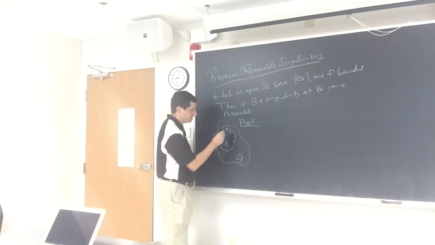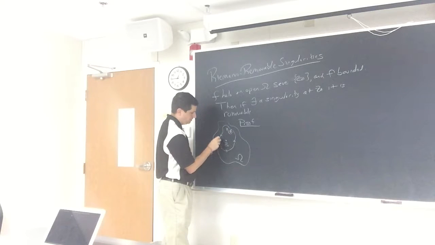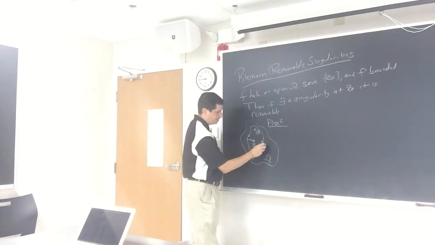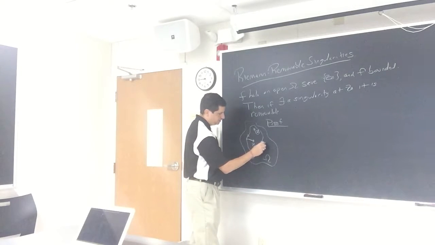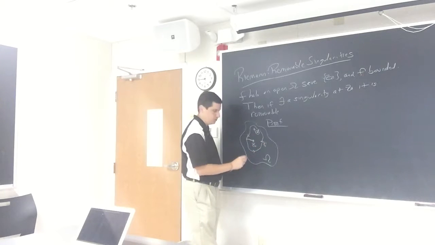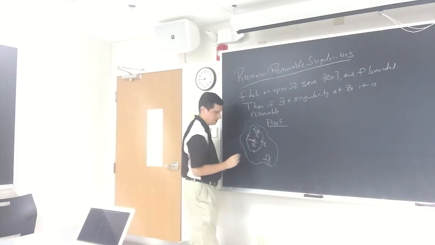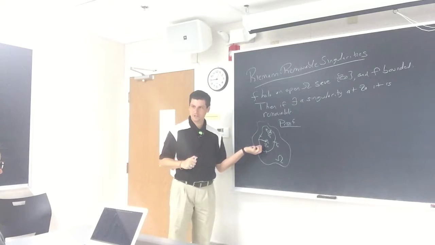So we're going to do the standard slit argument where we will come in like this and go around, come in like this, and go around. If we call this whole outside thing gamma, let's call this maybe gamma O for outside, gamma z, and gamma z0. As the thickness goes to 0, those two pieces cancel.